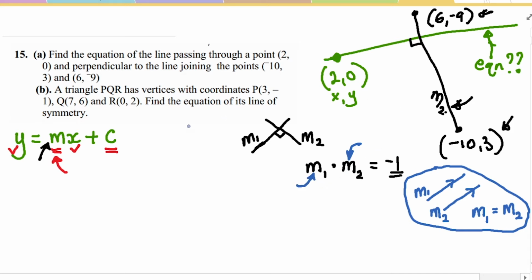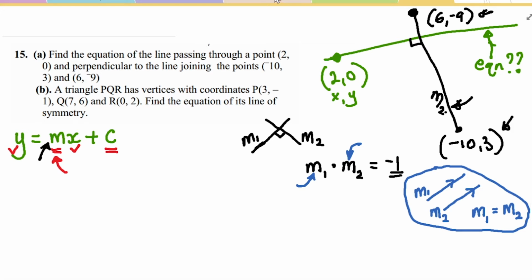So let's try and find the gradient of the green line. How? By trying to find the gradient of the black line. We can easily find the gradient of the black line because we have 2 points along that black line.